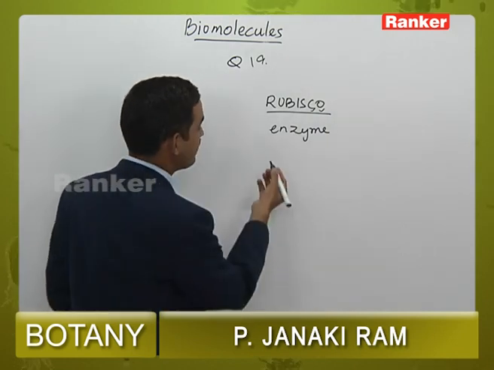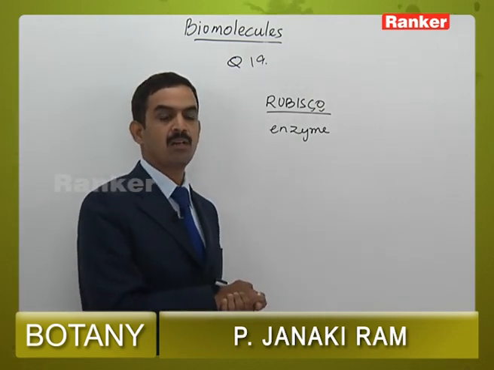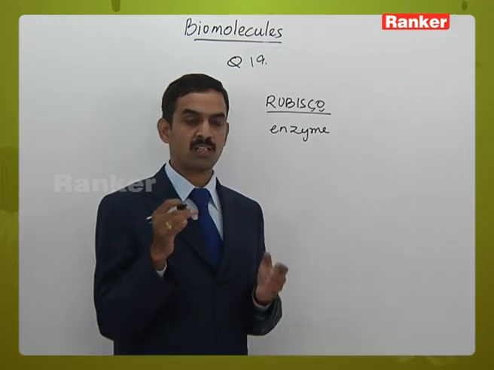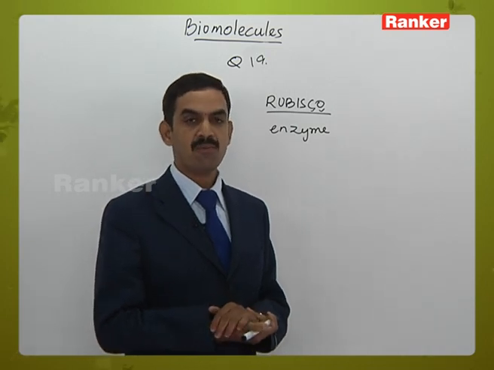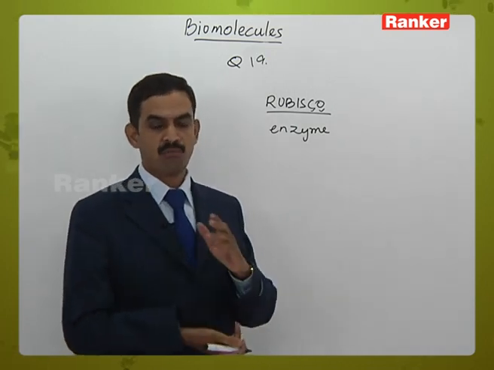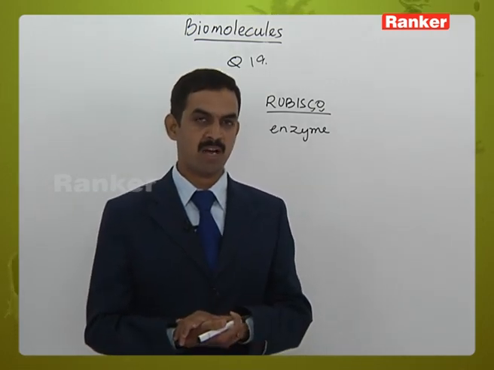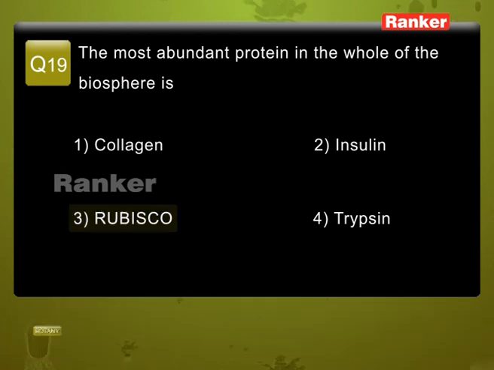And this is an enzyme which is considered to be the most abundant enzyme present in the entire biosphere, and it is part of near about 25 to 50% of soluble proteins present in a leaf of a plant body. Then the fourth option is trypsin. It's a normal enzyme which is useful in protein digestion. Okay, from all the options that have been given here, we can consider Rubisco the most abundant protein which is present in the entire biosphere. Question number 19, the correct answer is 3.